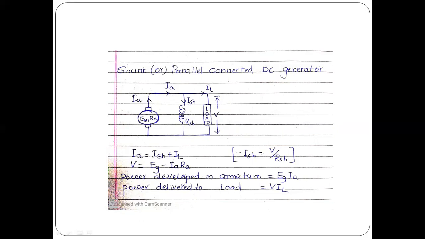Because the same voltage across these two remains the same. So the voltage across this terminal is EG minus I into RA. Again, power developed in the armature remains the same and power delivered to the load remains the same, V into IL. The only thing is that we have to think about the current direction and voltage at that terminal.